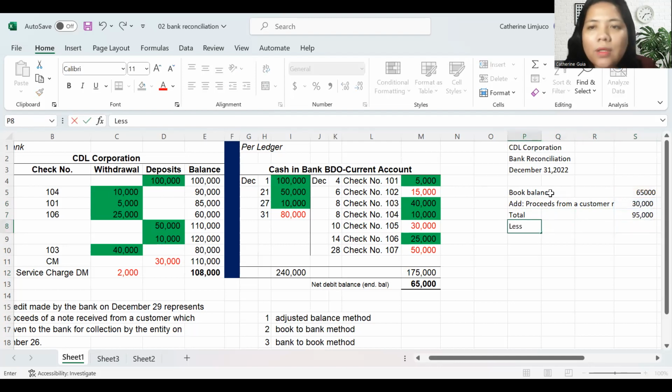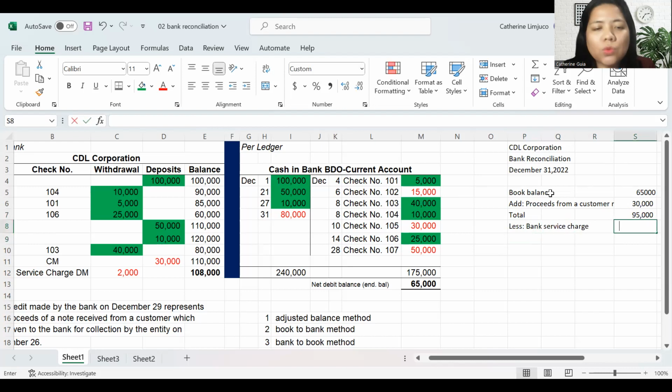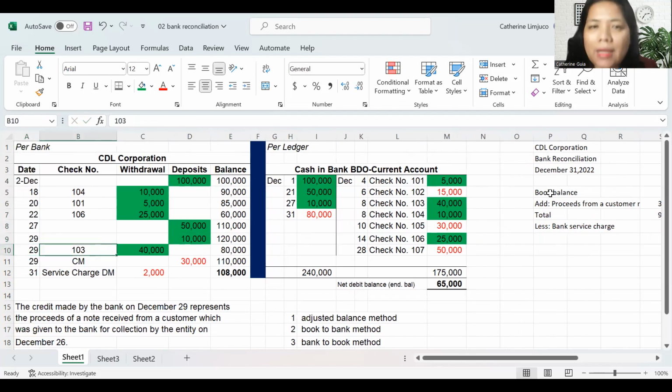And then we will deduct the bank service charge amounting to 2,000. Again, why did we deduct bank charges from our total? Because these bank charges decreased our cash in bank balance.